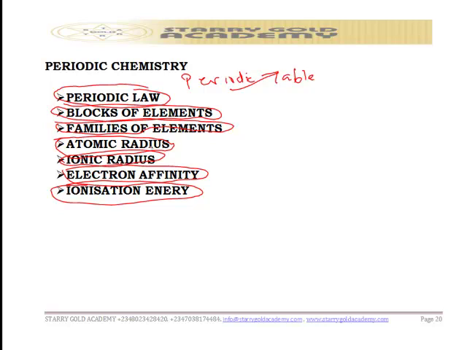It was the Russian scientist known as Mendeleev who did the arrangement that brought about the development of the periodic table and the periodic law, which we're going to state and look at today.